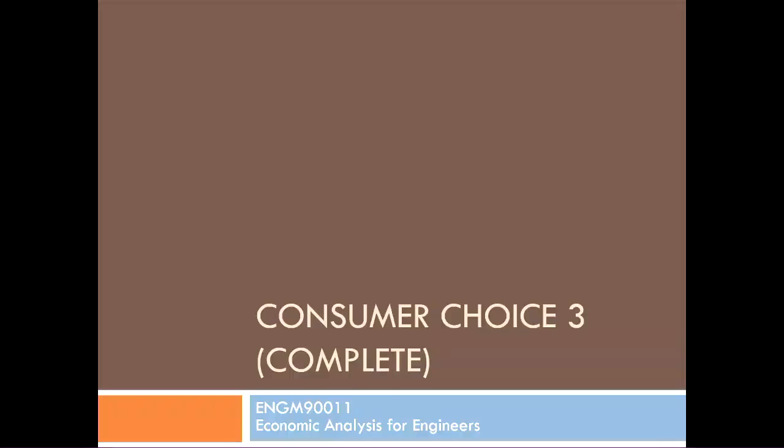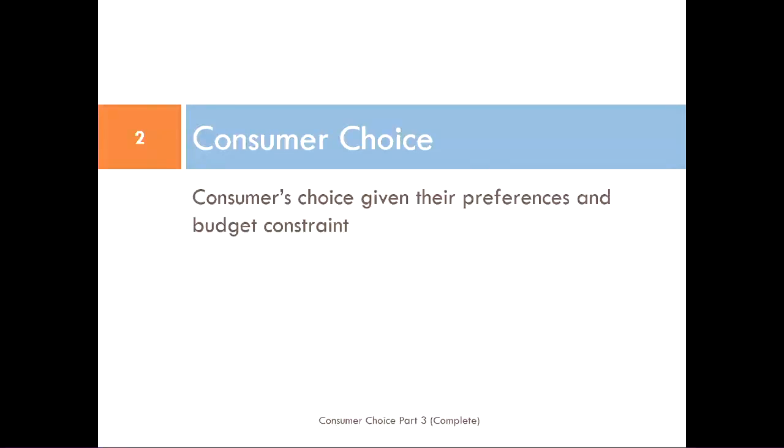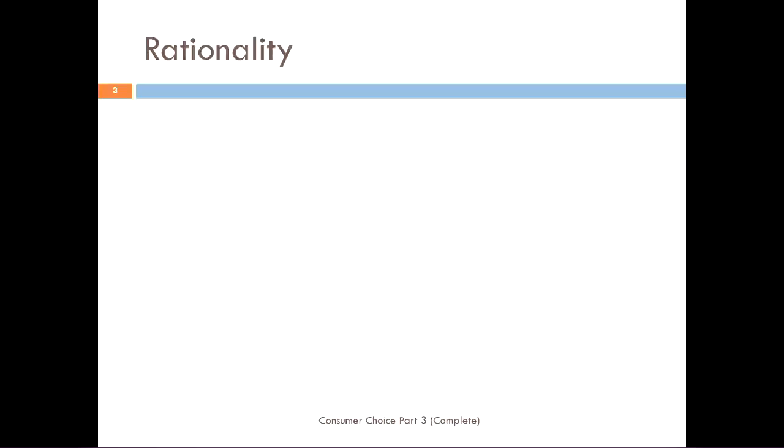Well, we put the two together. We have our taste. We know what's affordable. Put the two together and find what the consumer is going to choose. So given their preferences, their tastes, which we represent visually by indifference curves, or algebraically, mathematically by utility functions, and then also given the budget constraint, the budget line, or any other constraints we have in there.